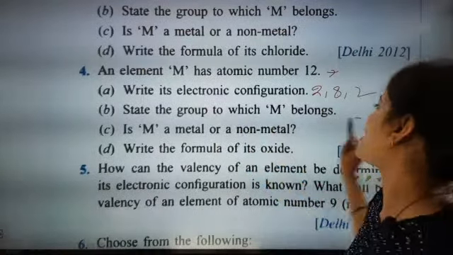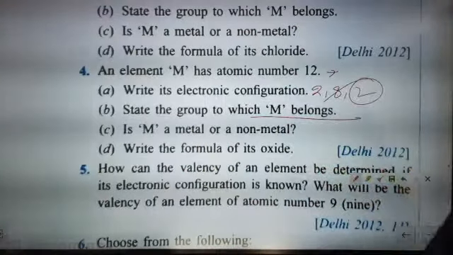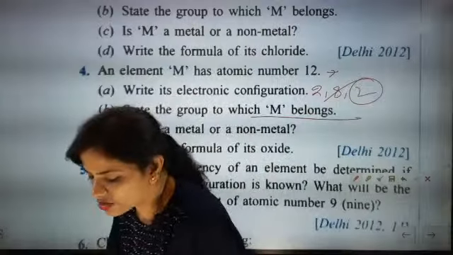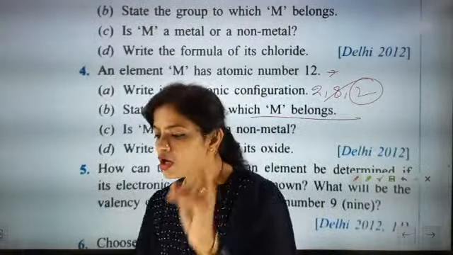State the group to which M belongs. Last orbit has 2 electrons, so it belongs to group number 2.